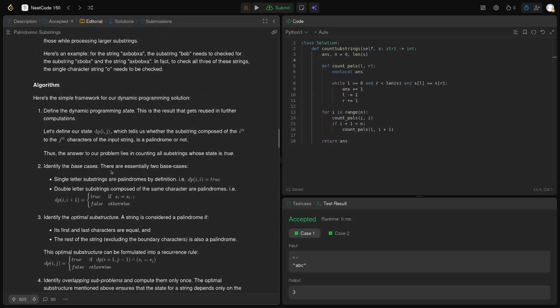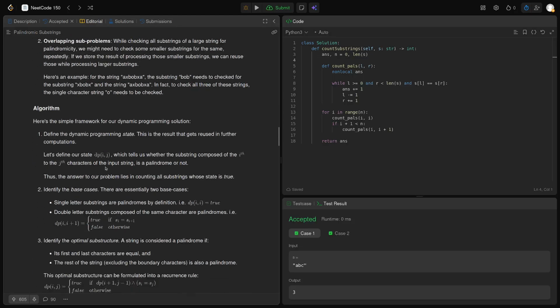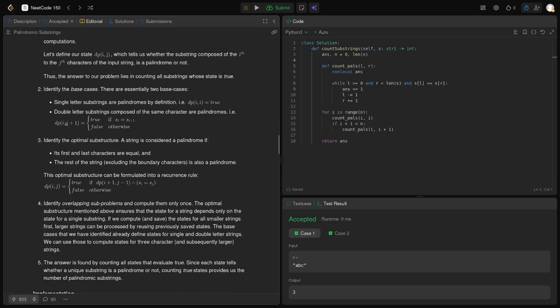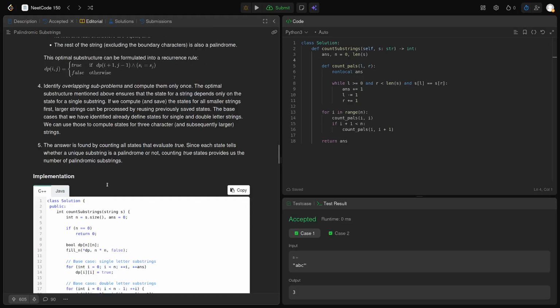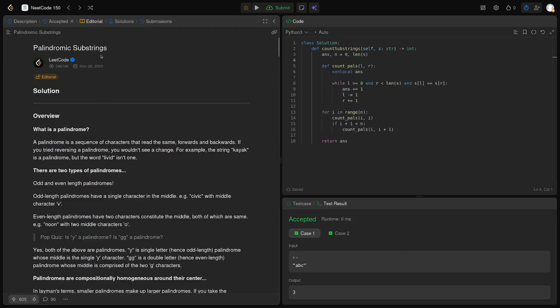See this, dynamic programming. I mean, yeah, I guess dp[i][j], and then, fair enough, and then, I mean, yeah, it's pretty straightforward, but fair enough.